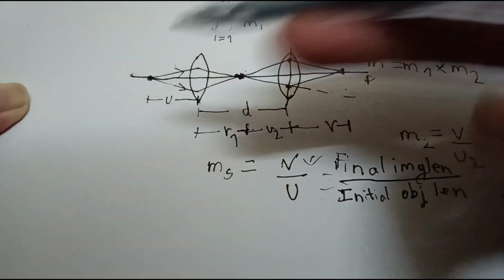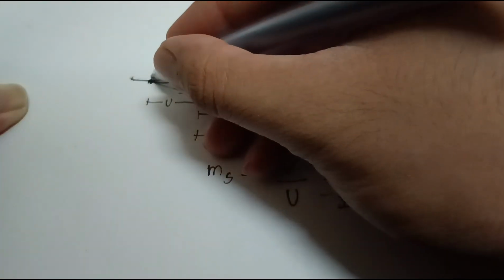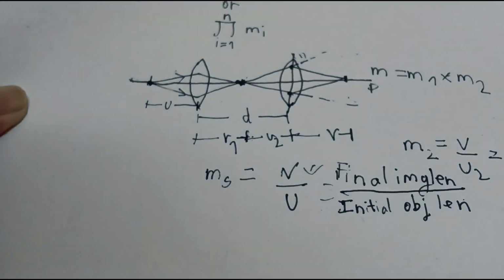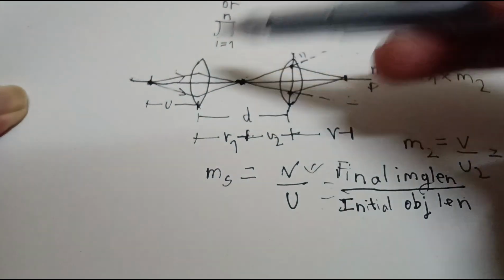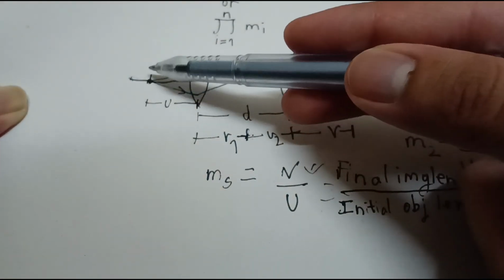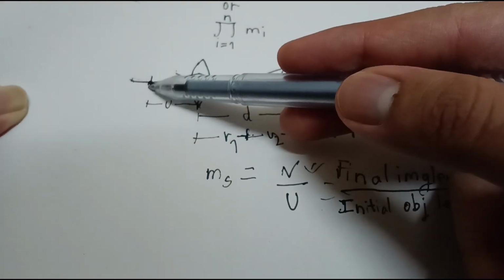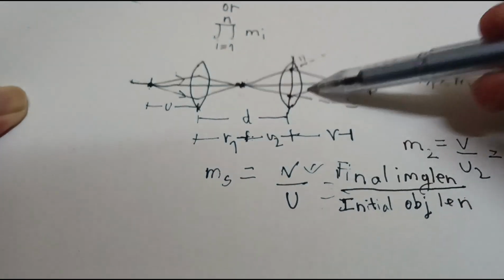Let's suppose we had a line object. Now tell me one thing. If you remember correctly, the image formed by this point object was the object for the second lens.